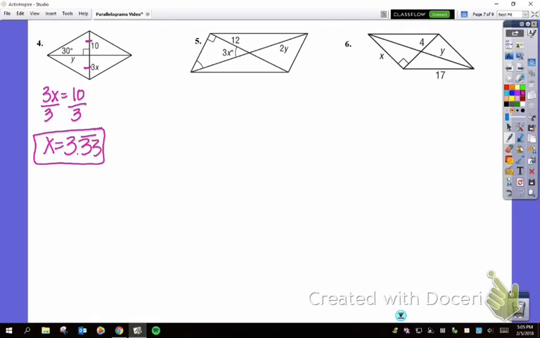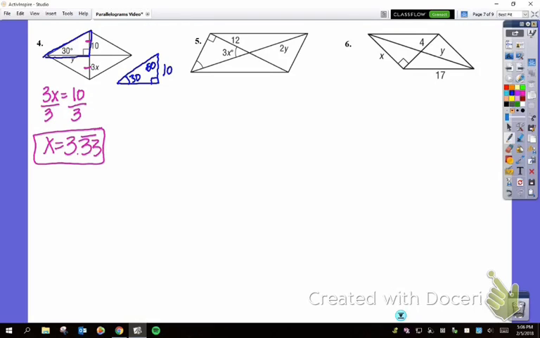Now we have to look at y, and to look at y, we're going to have to look at our triangle that we have here. Just like we just talked about, when we pull out this triangle, we have a 30-degree angle here. We have a 90 here, which means this has to be 60 degrees. And this side is 10.